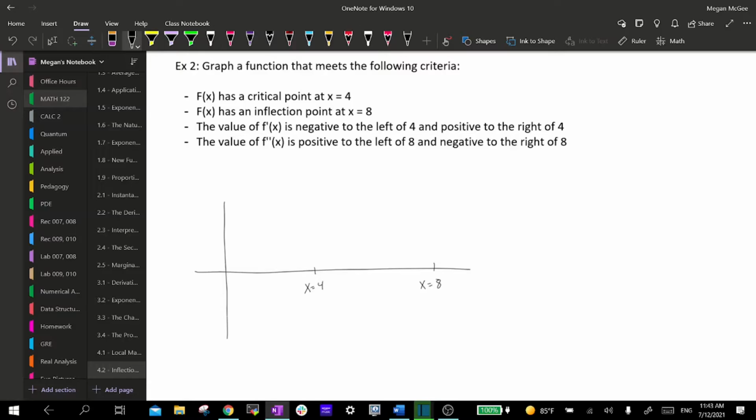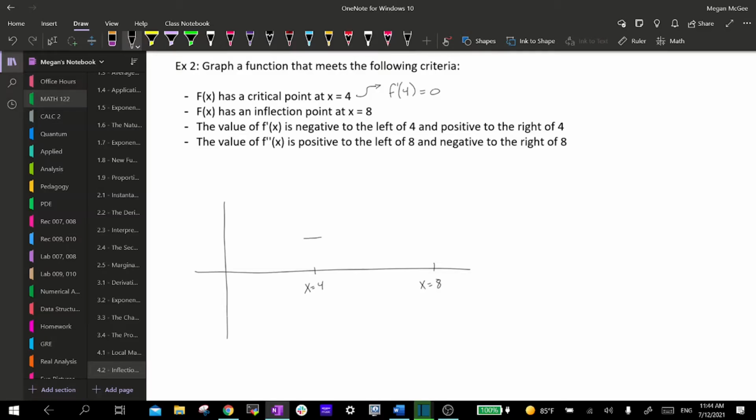So this is where the derivative is 0, right? Derivative at 4 is equal to 0. So we know that our function is just going to be kind of flat right about x is equal to 4. It could be the bottom or the top of a curve, but it's going to be just a little bit flat right there.